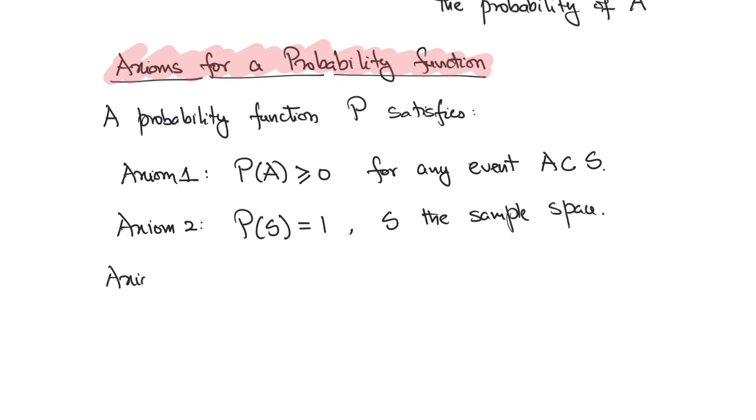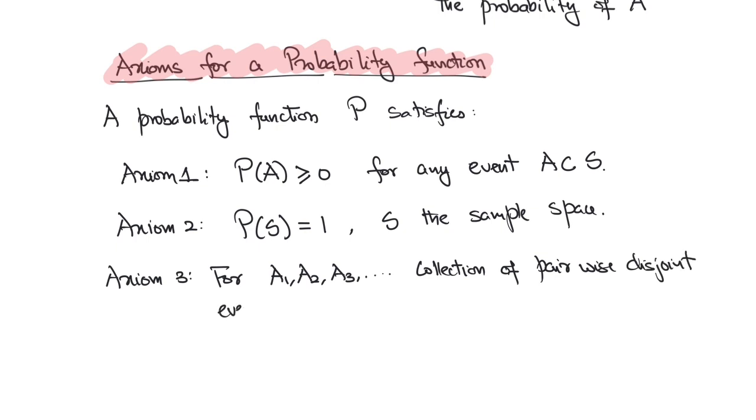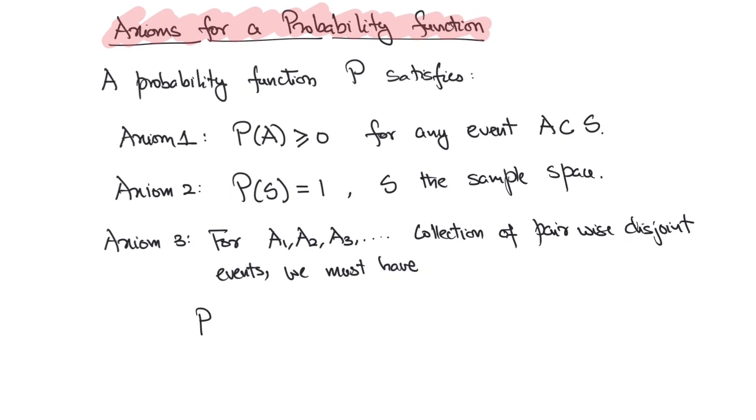And the third axiom relates to a collection of subsets of S, which are pairwise disjoint. It tells us that the probability of the union of these subsets is going to be the sum of the probabilities of each of the events.